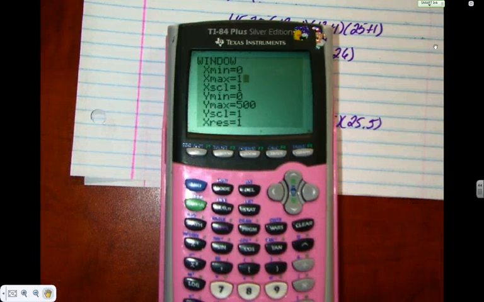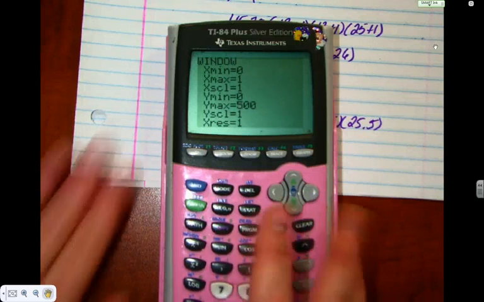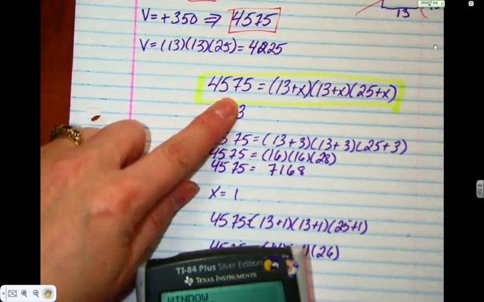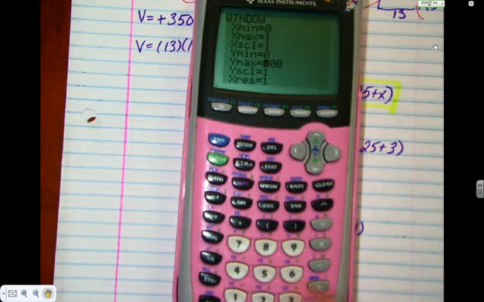1. Okay, what would you like the y min to be? 0. Okay, and what do you think about the y max? It needs to be at least what value? So go back to your equation. 4,500. Needs to be at least what our volume is going to be. 5,000.